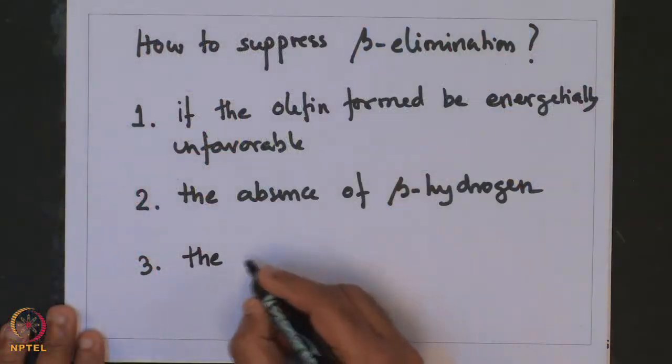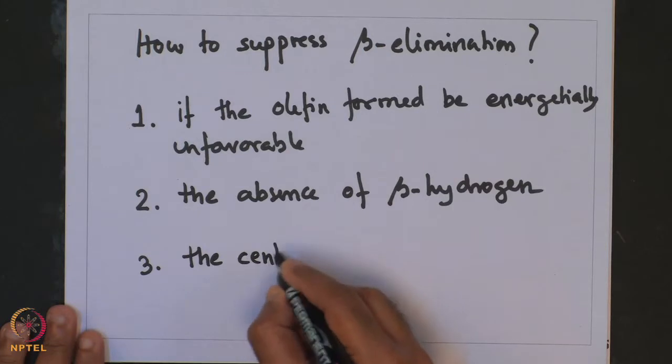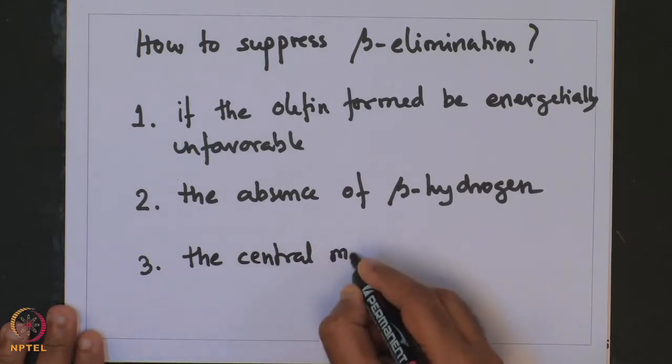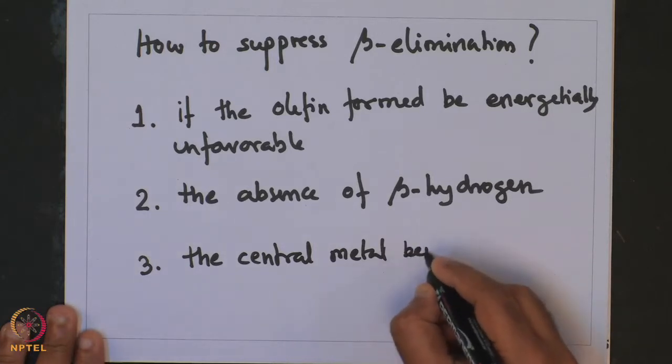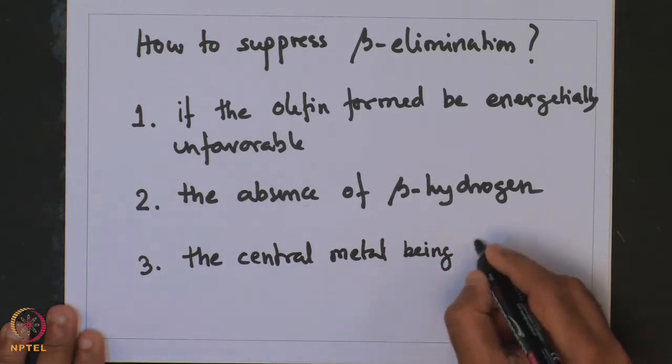So, the logic in this particular strategy is that if the central metal atom is coordinatively saturated, then the metal atom cannot interact with the beta hydrogen and hence would not participate in the beta elimination reaction. This strategy is about the central metal atom being coordinatively saturated.